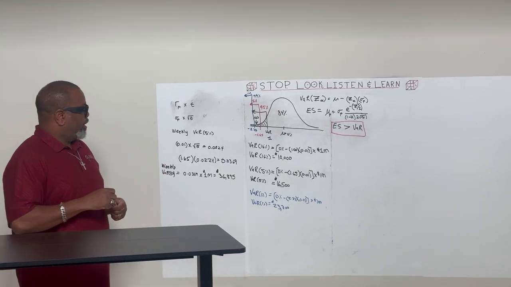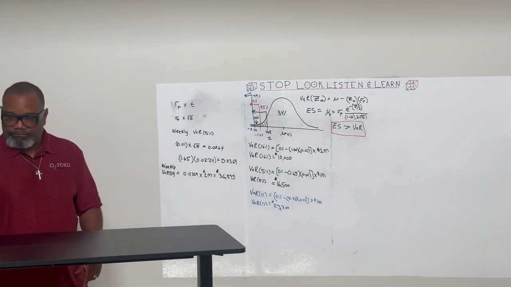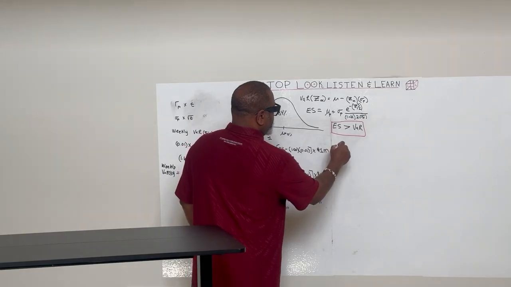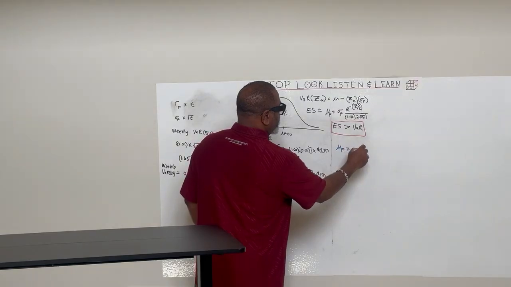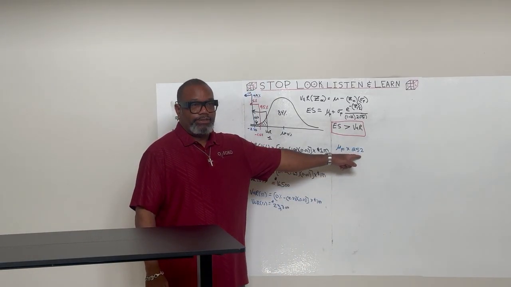That would be pretty straightforward. You would take the expected return on the portfolio, the daily return, and multiply that by 252, because that is the number of trading days in the year.